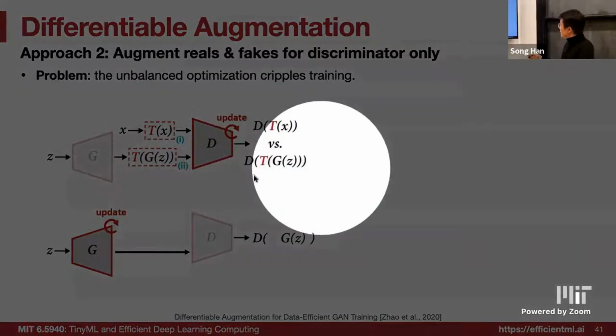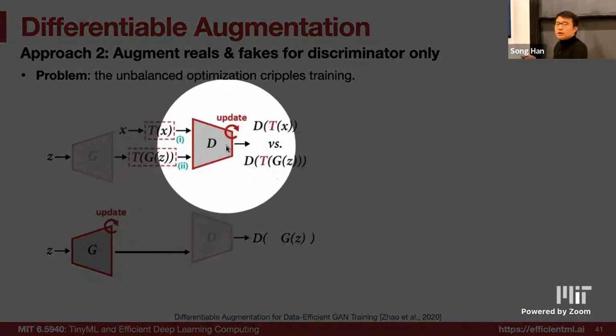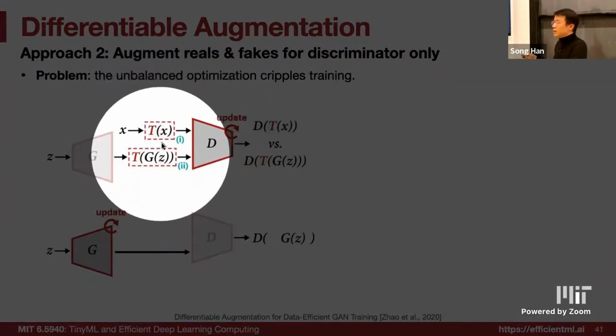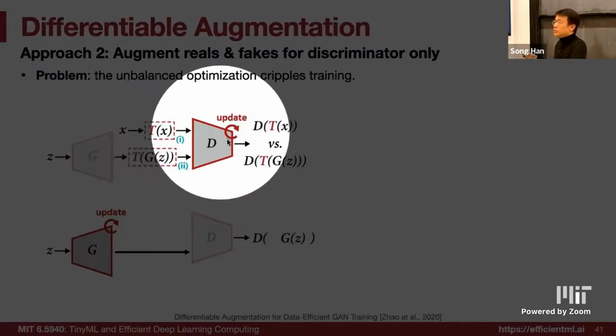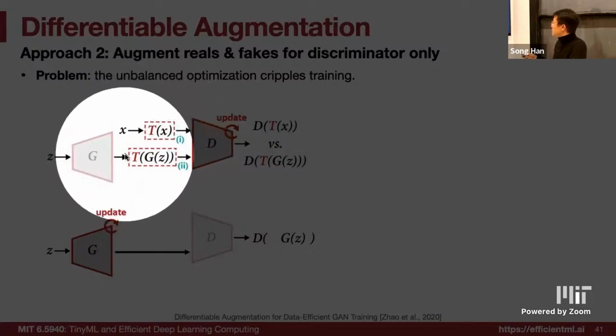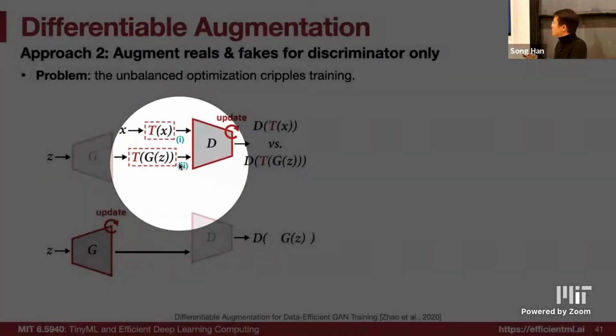What if we apply a solution? The natural solution is to apply this translation T not only on the real image, but also on the generated fake image. So the discriminator believes the artifact doesn't have to come from the generator, but it can be clean and then later apply this translation.